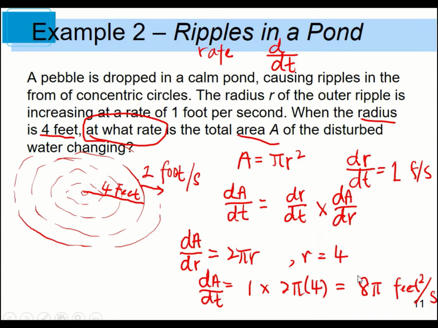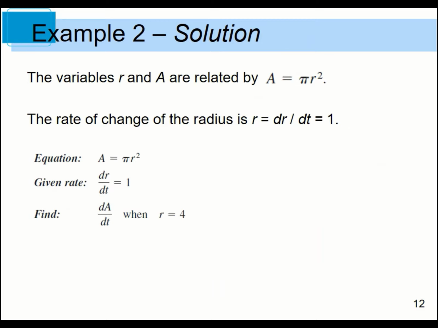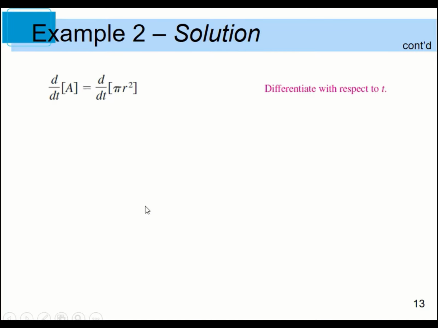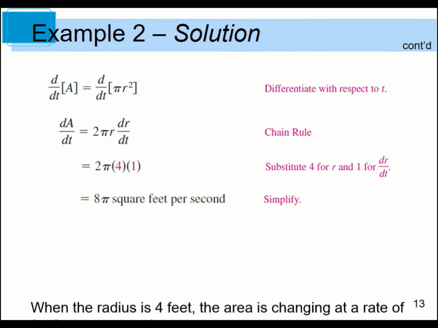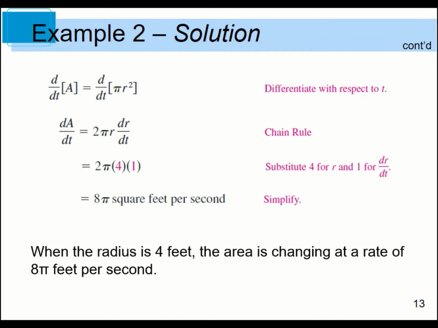Every second, the area increases by 8 pi square feet. Okay, so this is one of the examples. You can refer to the formal solution on the slide. So 8 pi square feet per second.